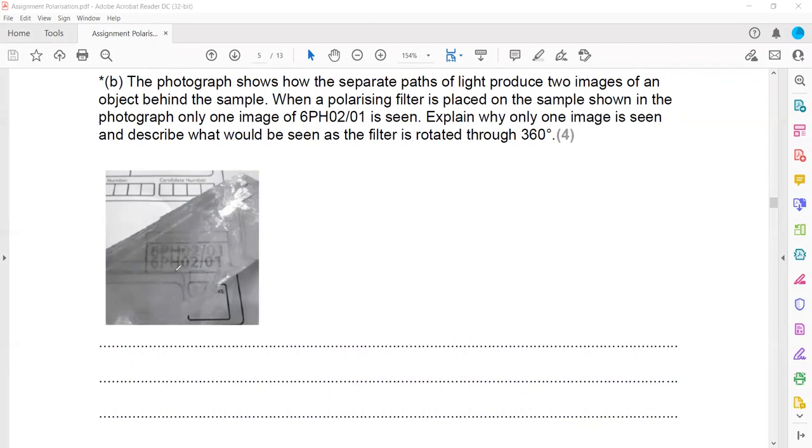Explain why only one image is seen and describe what would be seen as a filter is rotated through 360°. So first thing, right now we are looking at these two images.